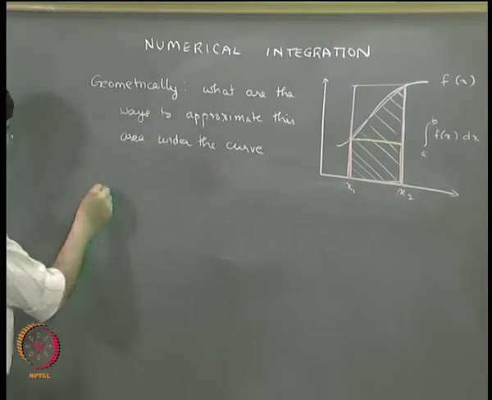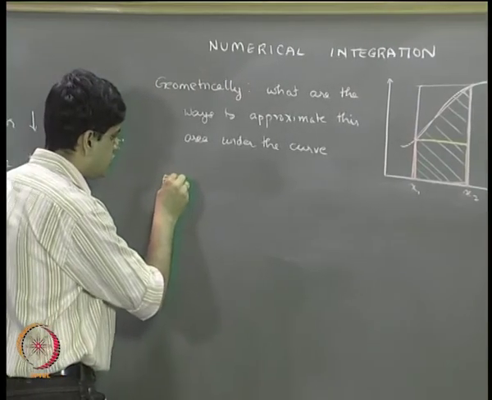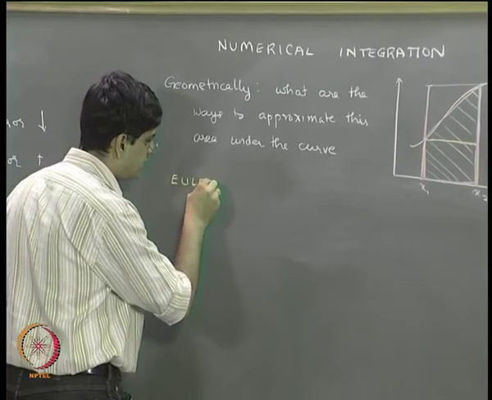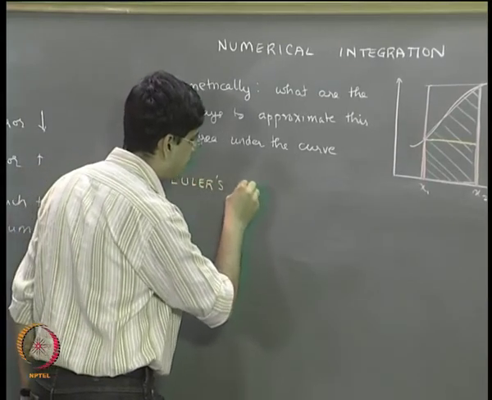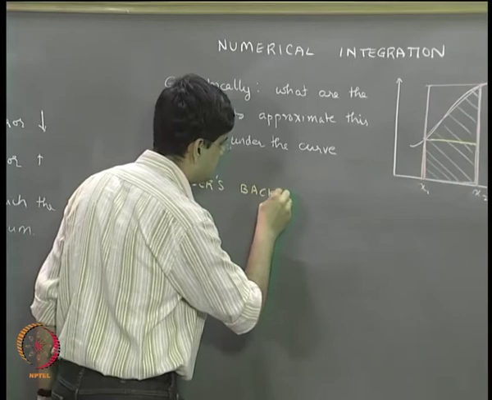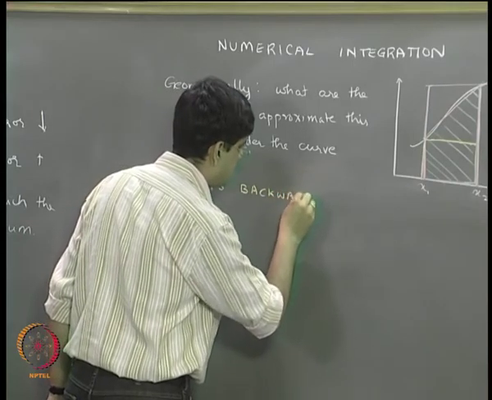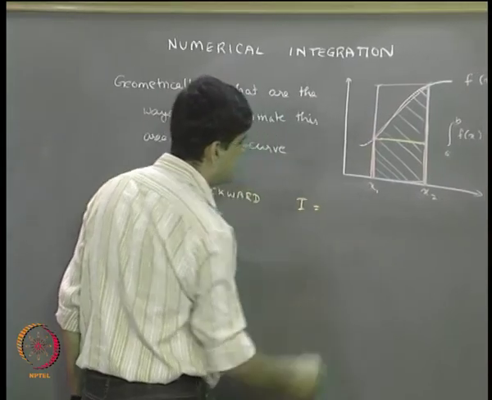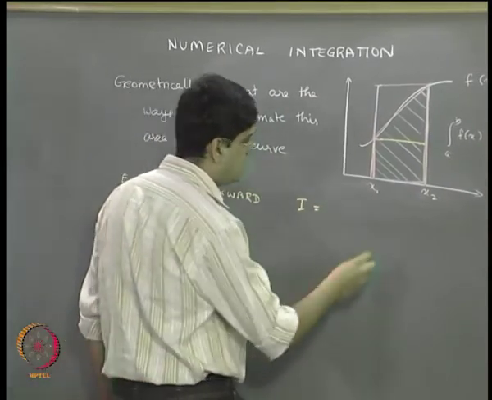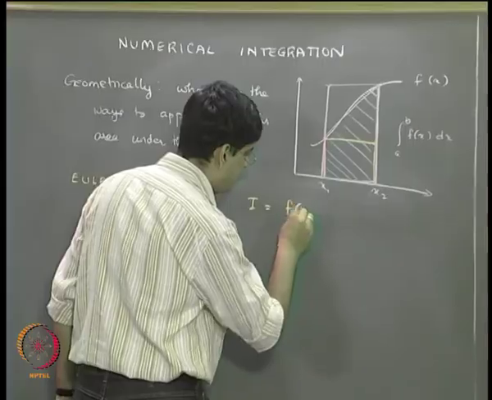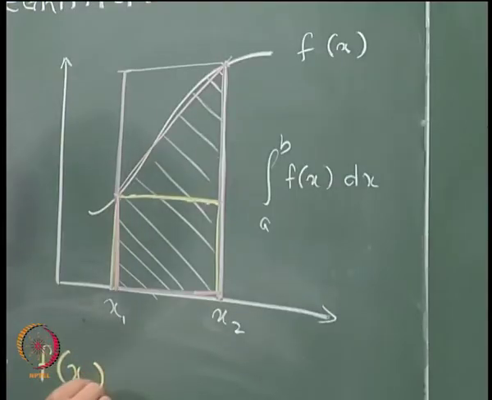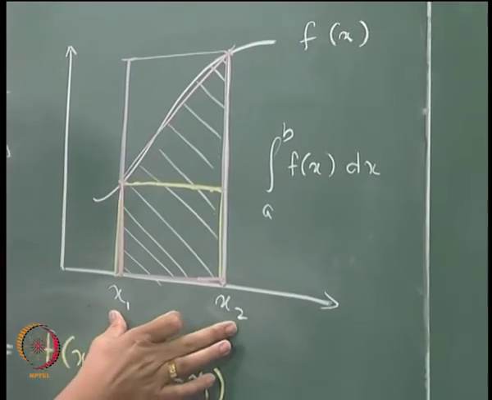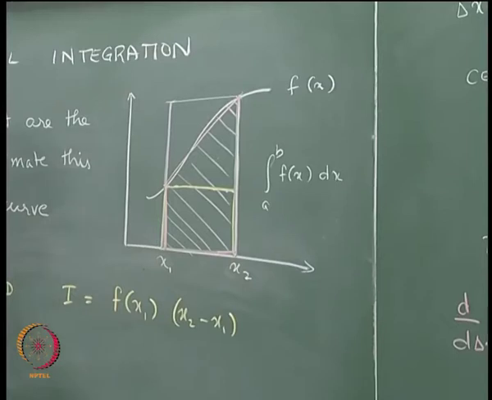The yellow numerical approximation is going to be Euler's backward method, in which the integral I, we will write that equal to f of x1 multiplied by x2 minus x1. Okay, the length of this segment is x2 minus x1, the length of this segment is f of x1.